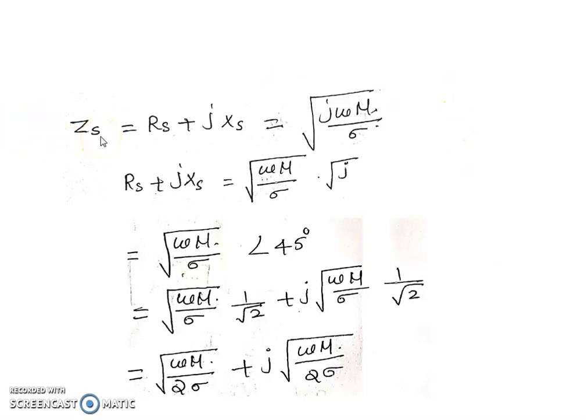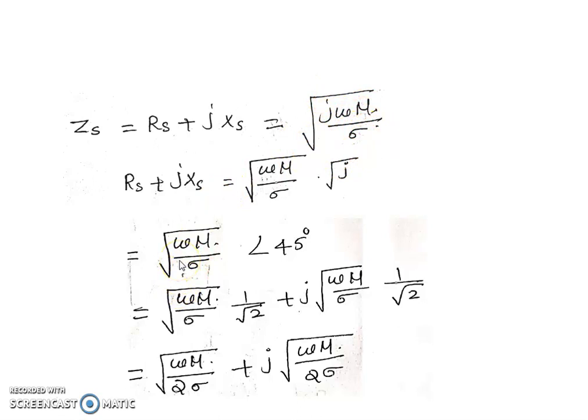Zs is the impedance that is equal to Rs plus jXs, and it is equal to root of j omega mu divided by sigma. We can write this equation as Rs plus jXs is equal to root of omega mu divided by sigma into root of j. It is the same as root of j omega mu divided by sigma.